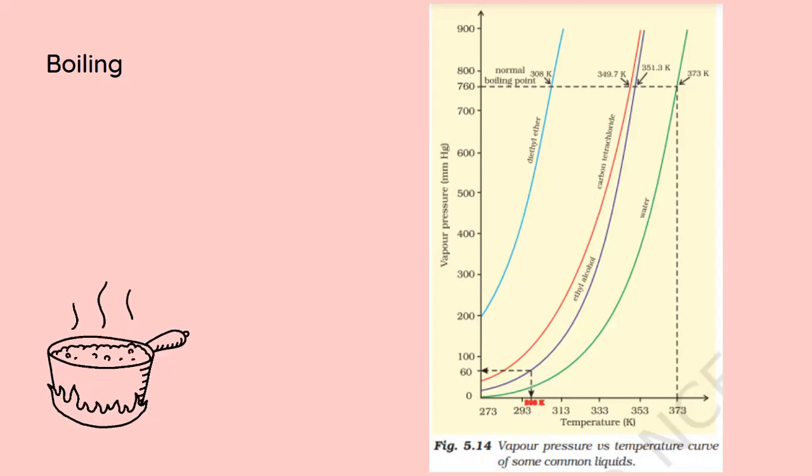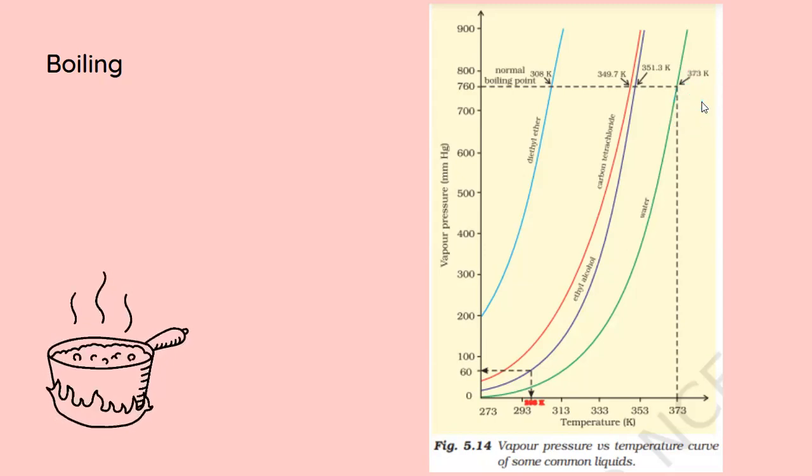Now here, this line is the temperature for the normal boiling point. If you notice, 373 Kelvin, that is 100 degrees Celsius, is the boiling point of water. You have 351.3 Kelvin; subtract 273 to get it in Celsius. So this is the normal boiling point of water.